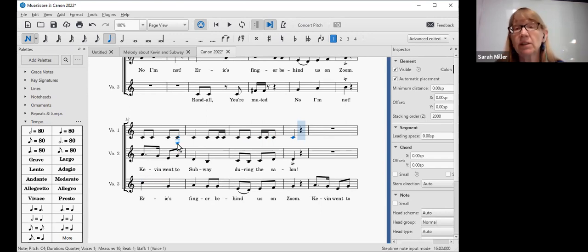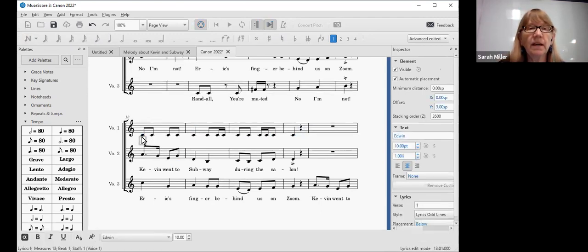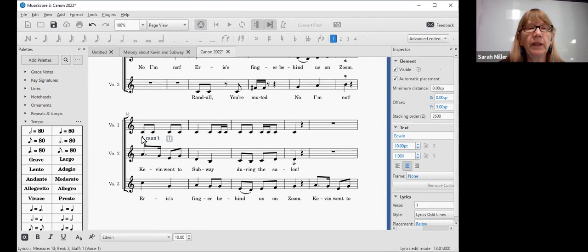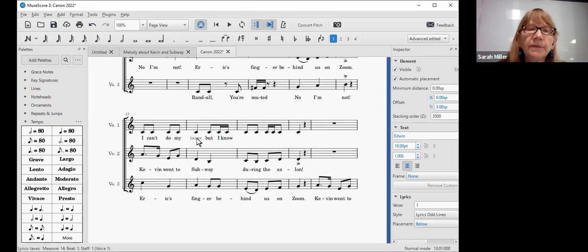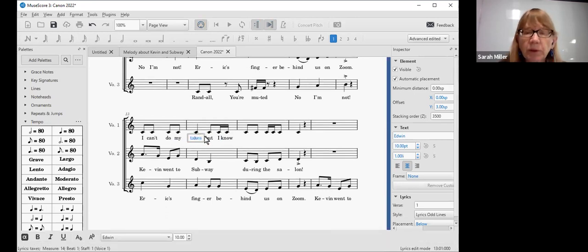Okay, so these are not the pitches. I can't, and I'll put the lyrics in, why not? I can't, oh, 2 A's, sorry about that. Do my taxes, 2 S's. This keyboard is not ideal any longer. I can't do my tax. Oh, I see what I did wrong. Taxes is 2 syllables.